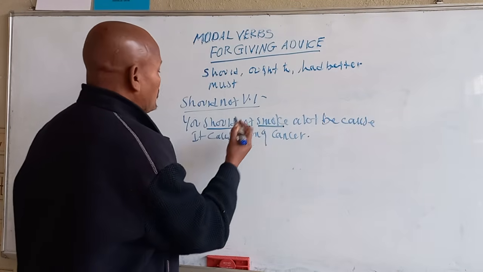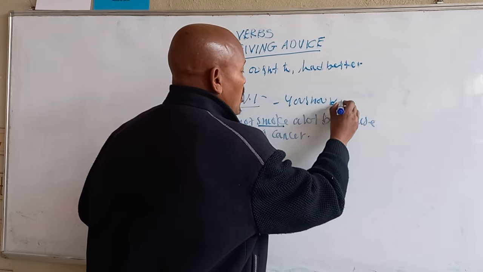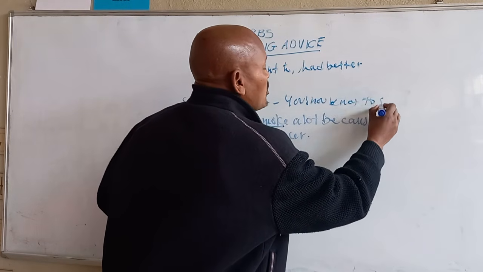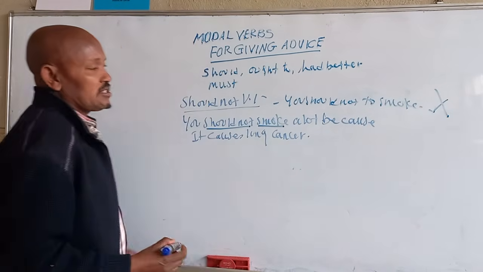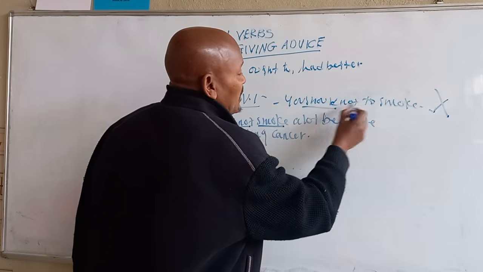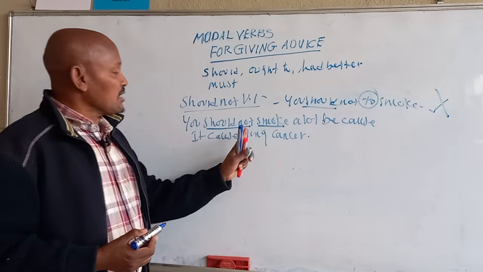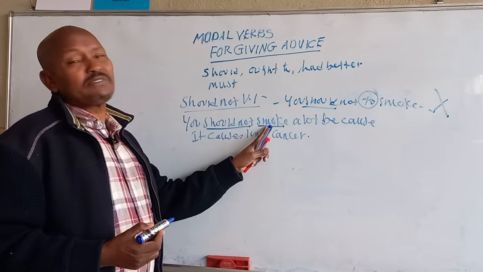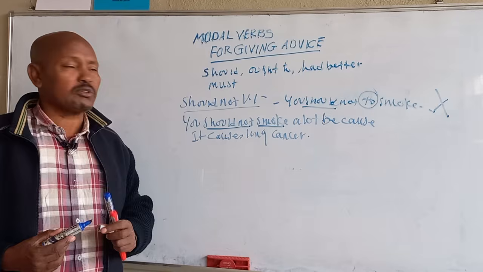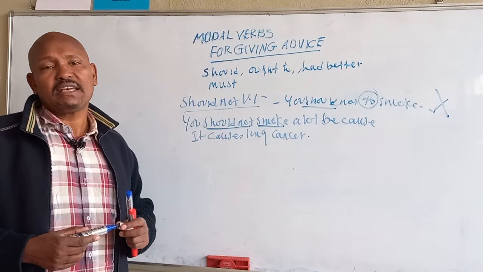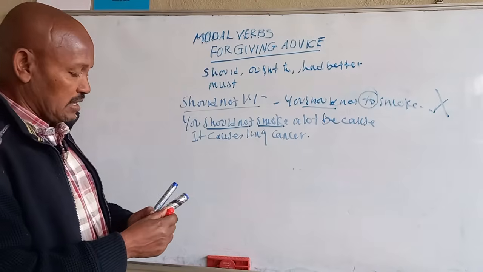If you write "you should not to smoke a lot", it is a wrong sentence, because the verb here doesn't take an infinitive verb. That's why should not plus base verb is appropriate here. Why should we not smoke a lot? Because it brings lung cancer, all right?